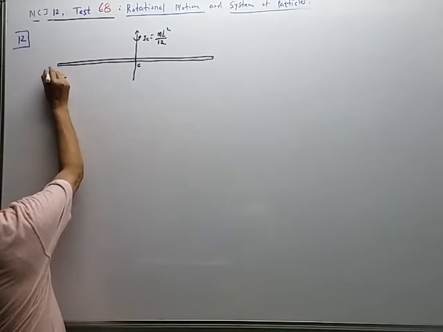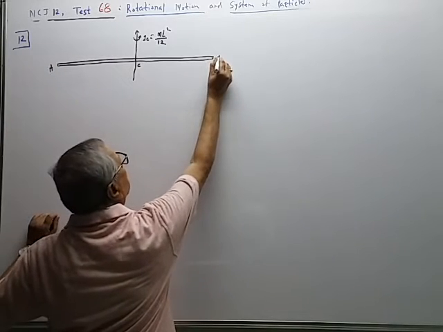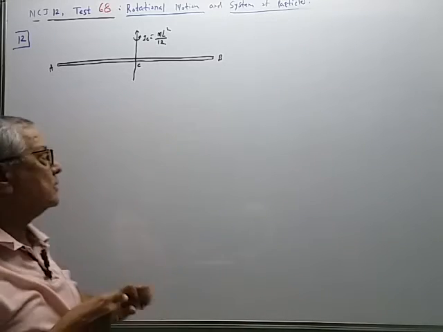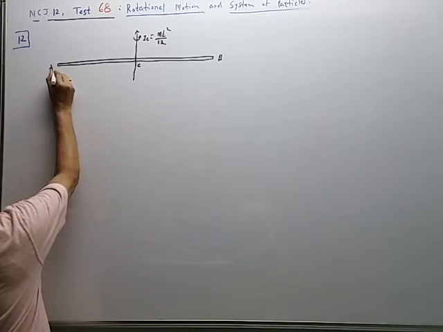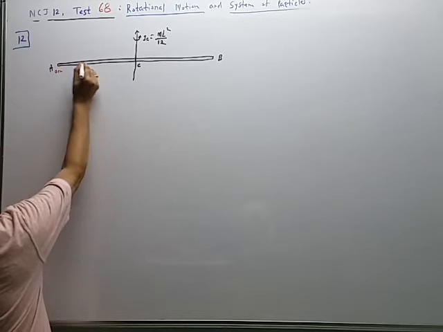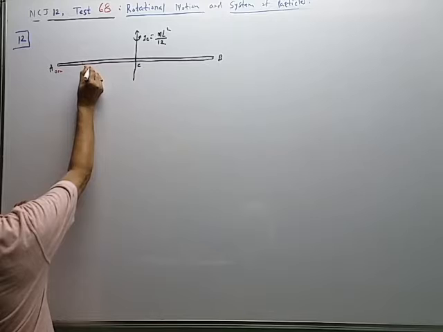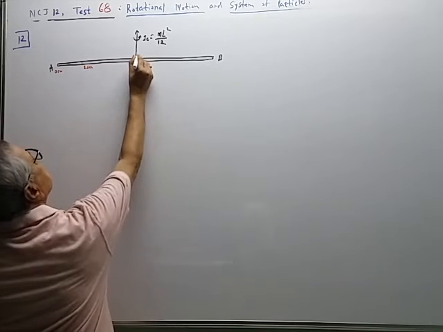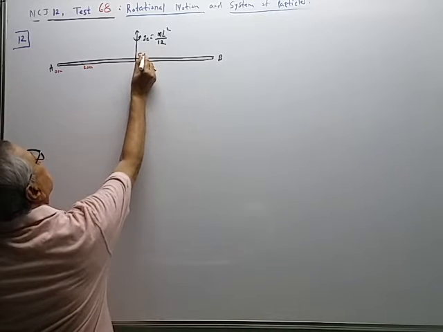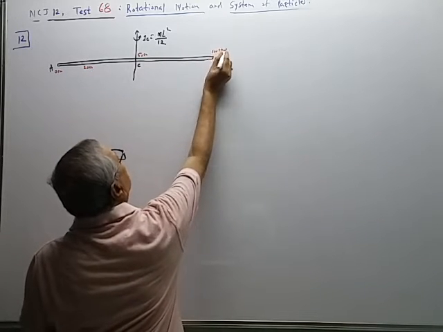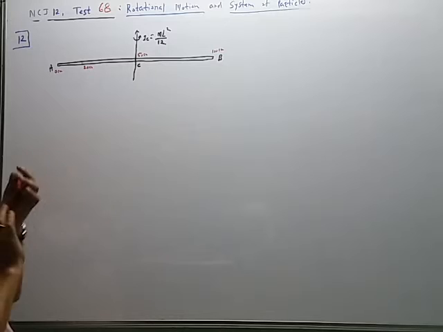Now we have to find the moment of inertia. This is the meter scale AB. We have to find the moment of inertia about the 20 centimeter marking. So this is 0 centimeter, this is 20 centimeter, this is 50 centimeter, this is 100 centimeter. So 0 to 100 like this.